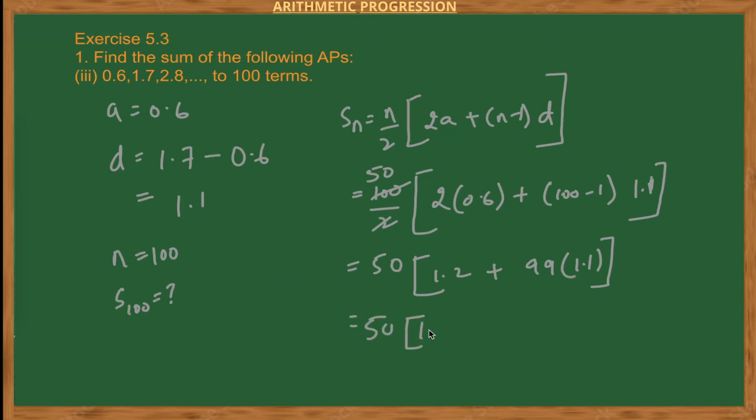Let's solve this inside: 1.2 plus 1.1 into 99. 99 multiplied by 1.1 gives 108.9.